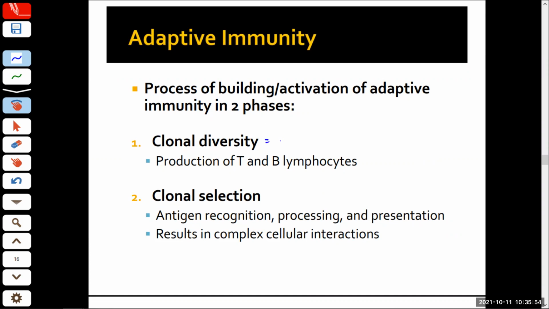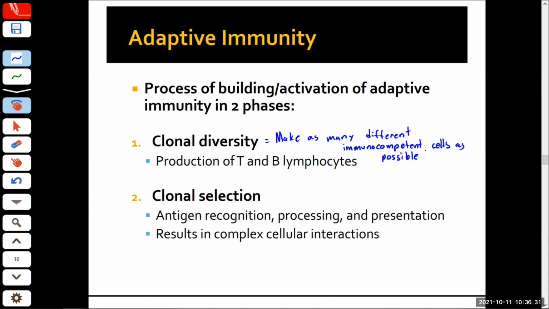The idea here is to make as many different, big Q term here, immunocompetent cells as possible. Okay, immunocompetent. I promise to explain immunocompetent. But clonal diversity, trying to make as many different immunocompetent cells as possible.